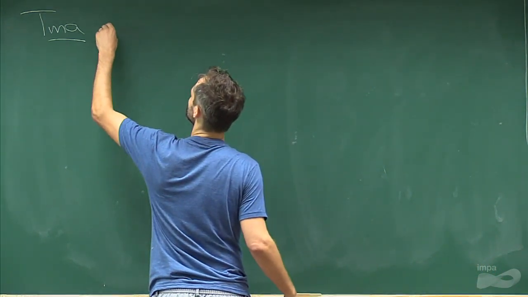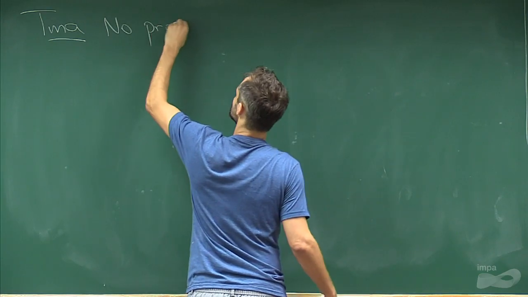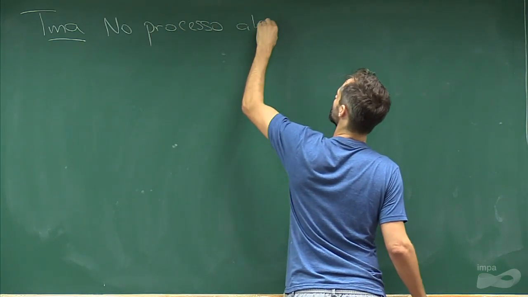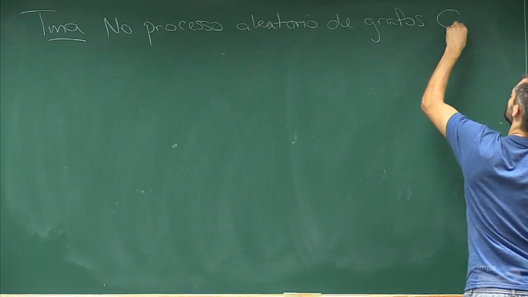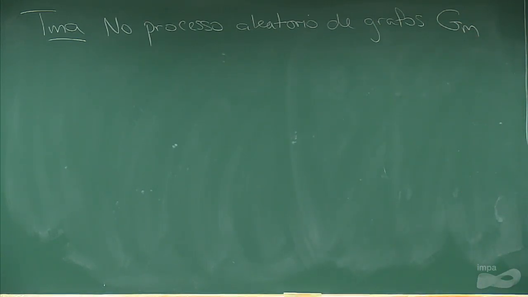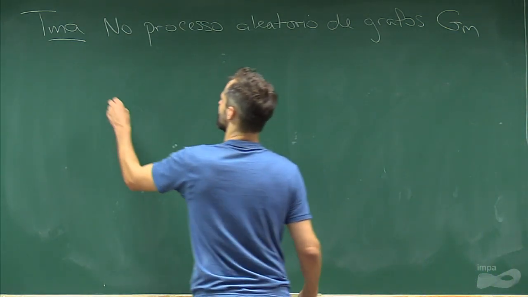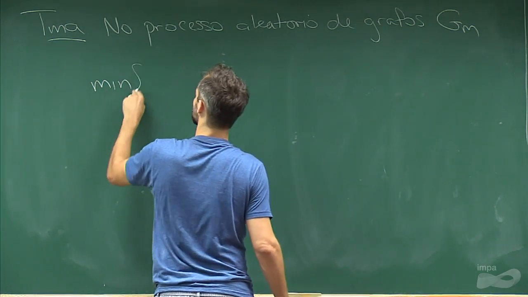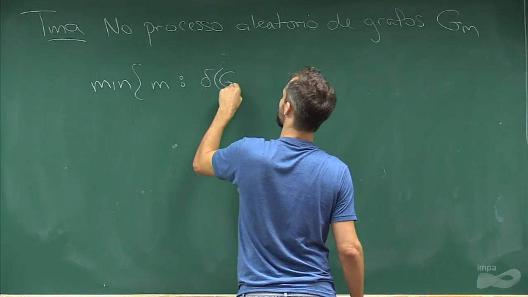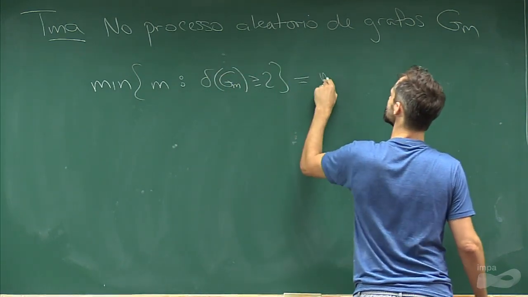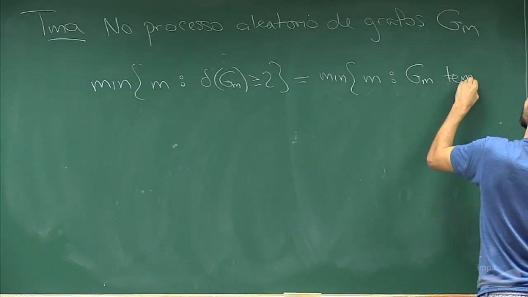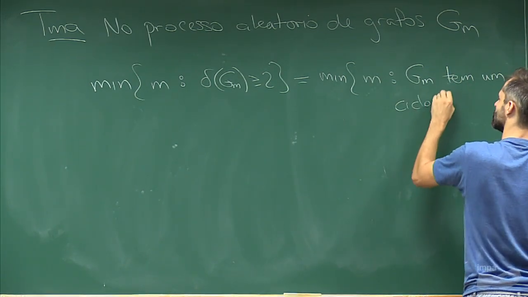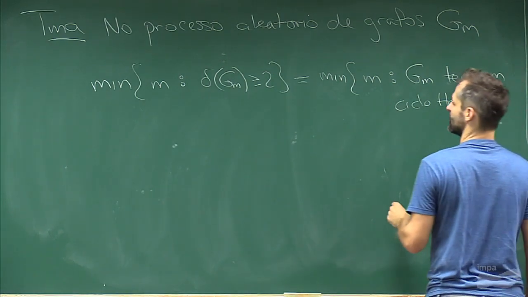Okay. So in the random graph process, so this is G_m after I've added m edges independently, randomly each time, the minimum m such that min degree of G_m is at least 2 equals the minimum m such that G_m has a Hamilton cycle, with high probability.